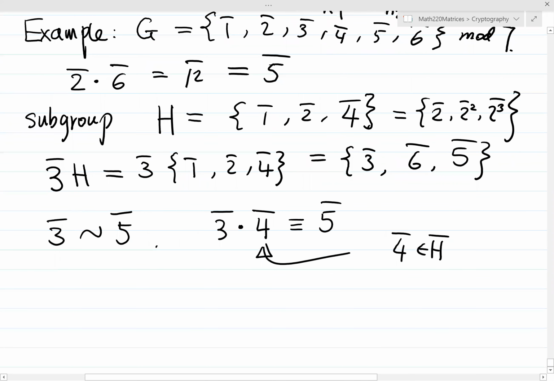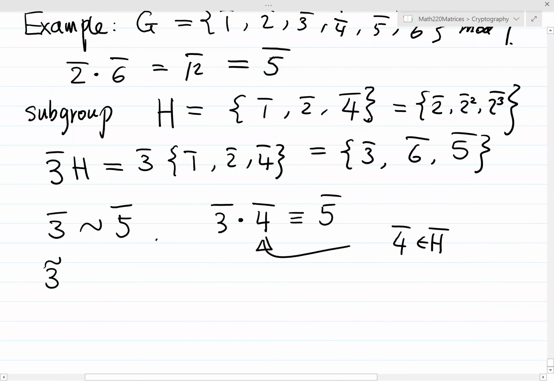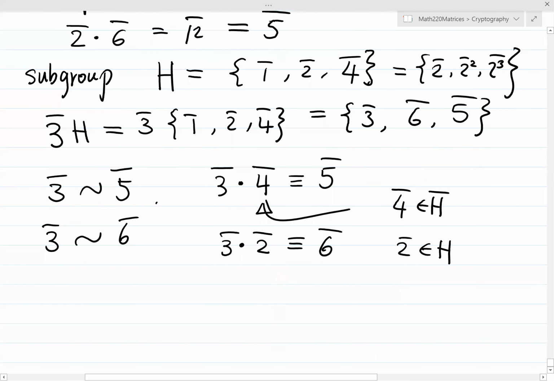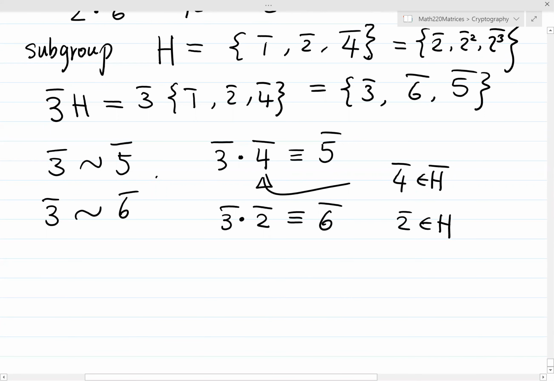Okay, 3 is equivalent to 6. This is because 3 and 6 differ by an element 2, and here 2 is in the group H. Of course, if you compute 6 bar H, the answer is the same equivalence class.